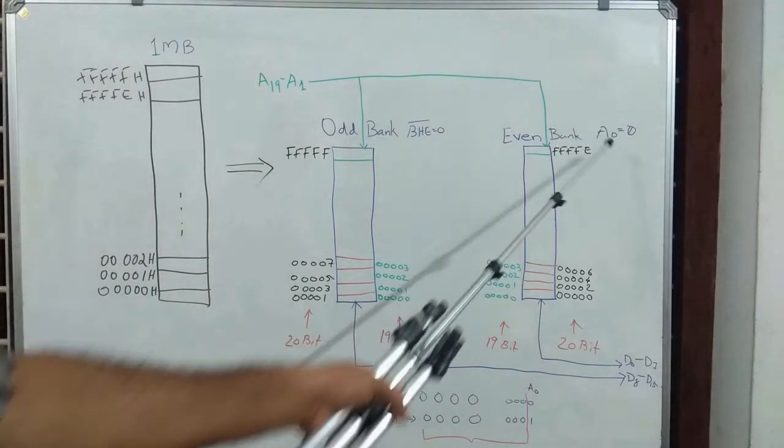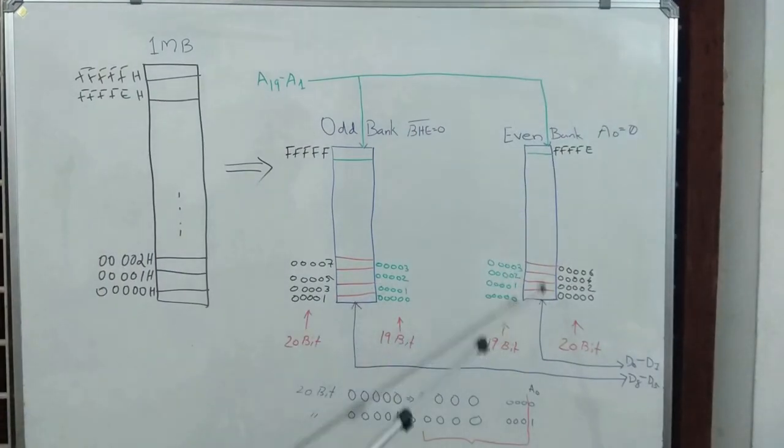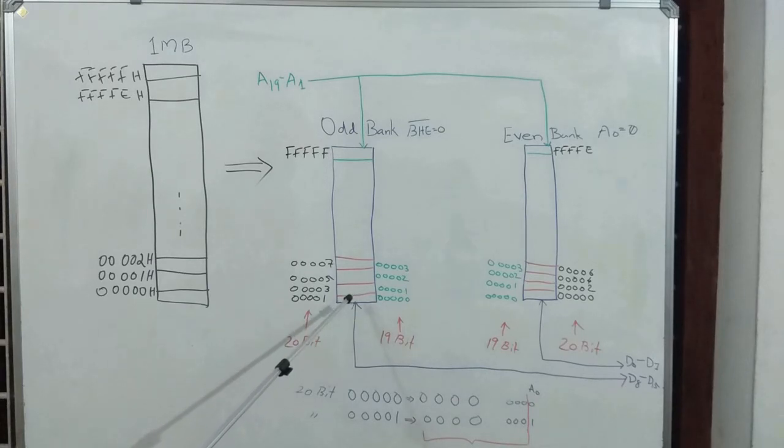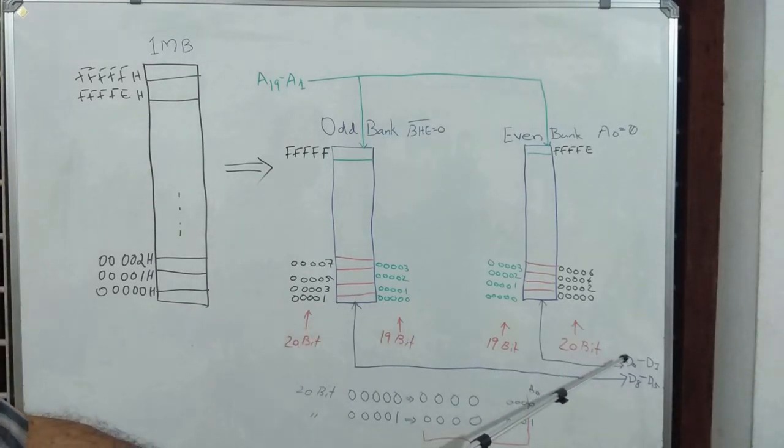Since A0 is 0, this bank will be enabled and A1 to A19 will select this location. So data from this location and this location, that is the entire word, is available over D0 to D15.